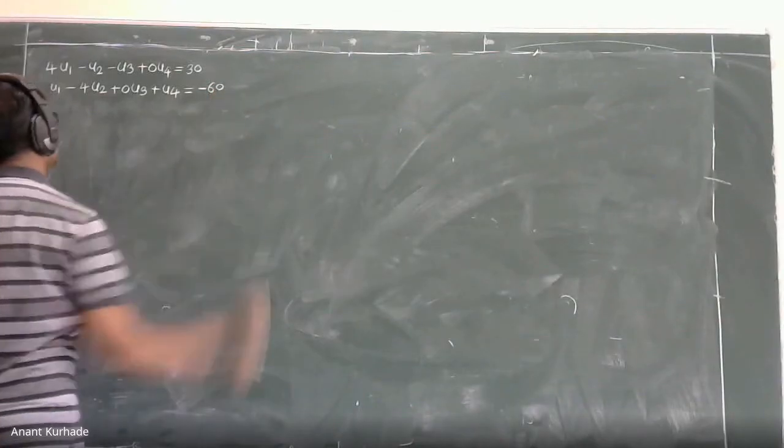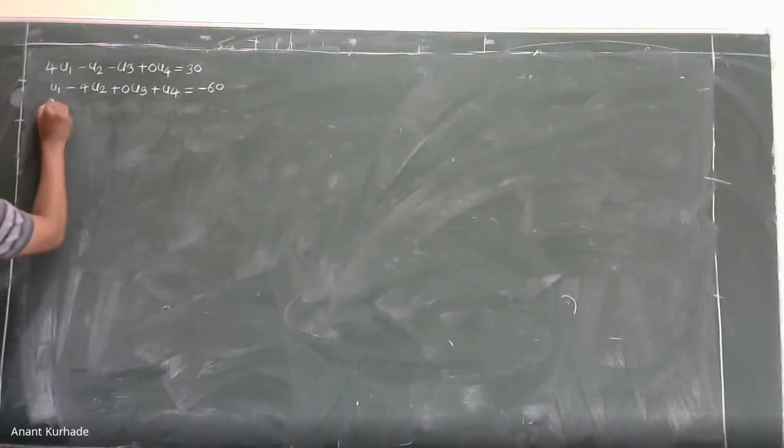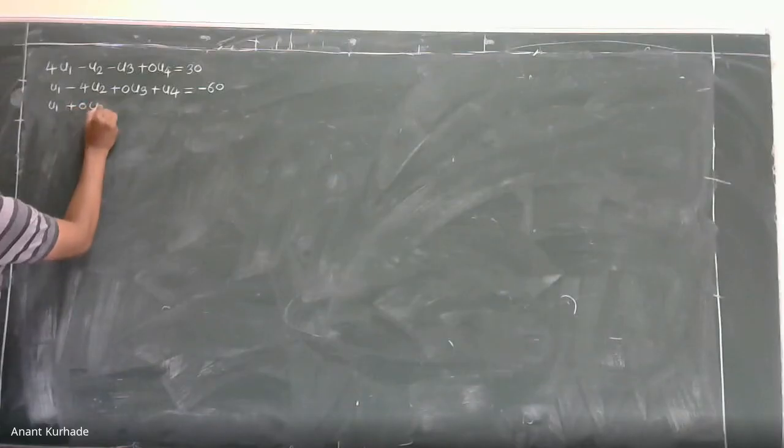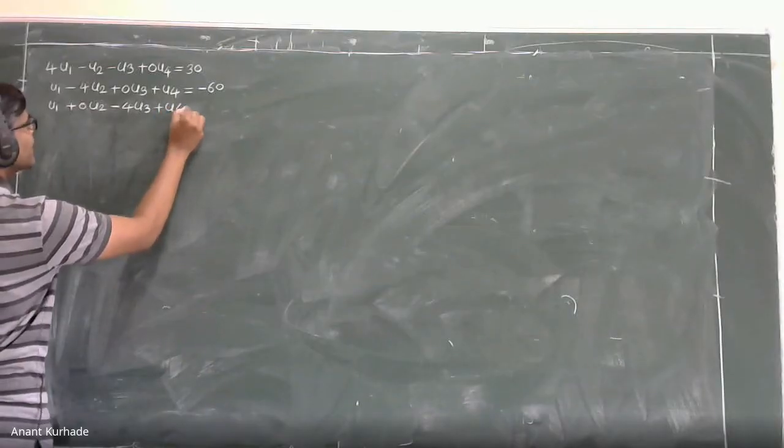Next one: u1 plus 0 u2 minus 4 u3 plus u4 is equal to minus 100.